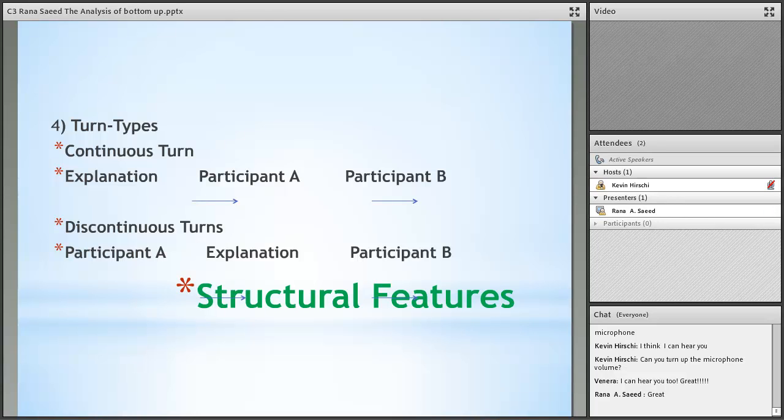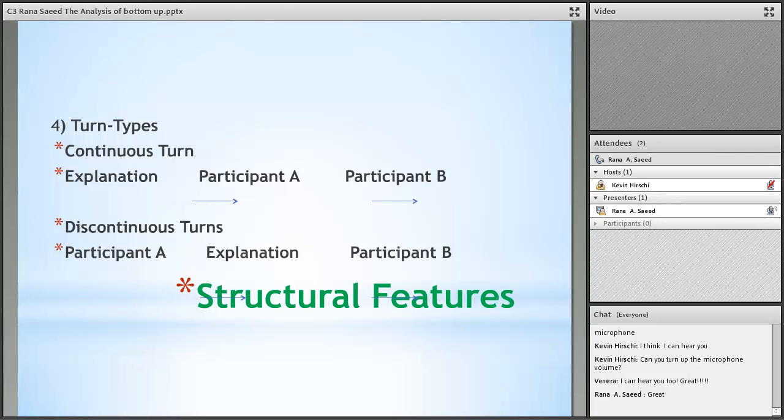Generally speaking, these turns tend to be either continuous or discontinuous. Usually, the data is characterized by explanation. This explanation either comes at the beginning, and then the turns go on smoothly, in which case we have what we call a continuous turn. Sometimes the first speaker A starts, then instead of having the response from B, we have an explanation that sheds light on the main event that is following or preceding this situation.